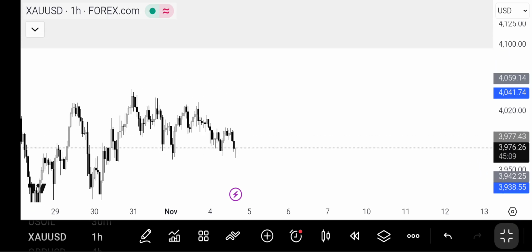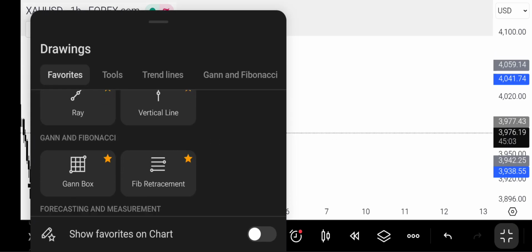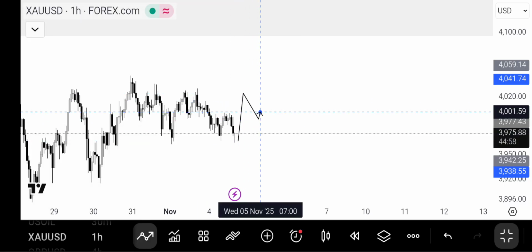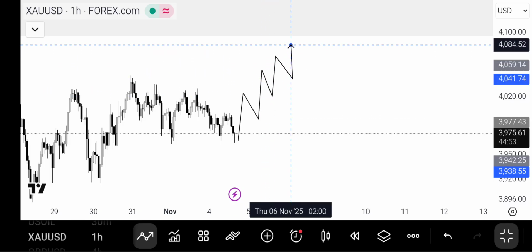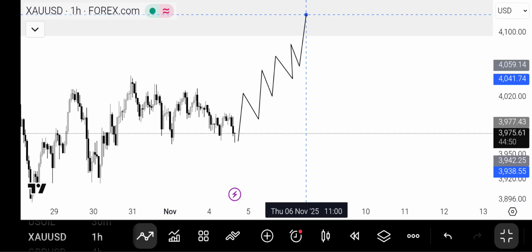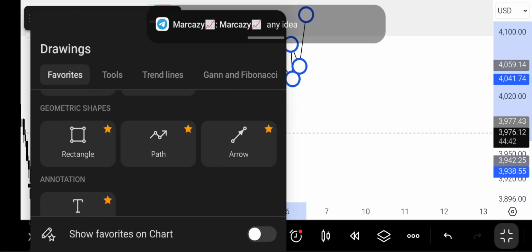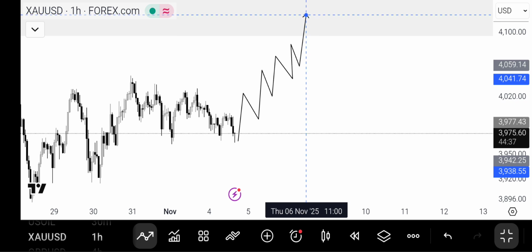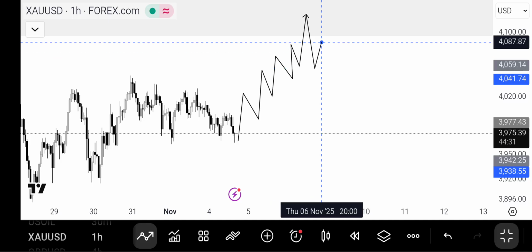So if gold does something like this, if gold moves from here, creating its structures, then taps into this daily order block, and we expect gold to move down, giving us another market structure shift on the lower time frame, the inducements.